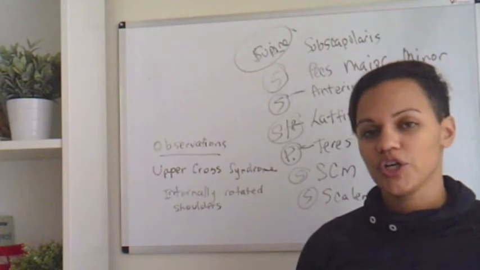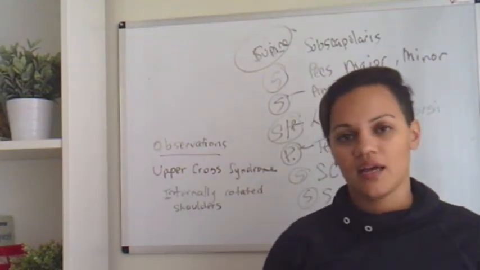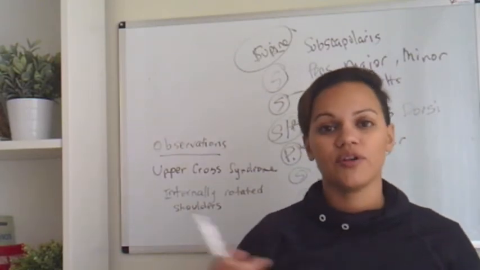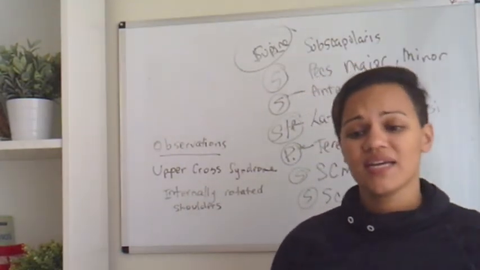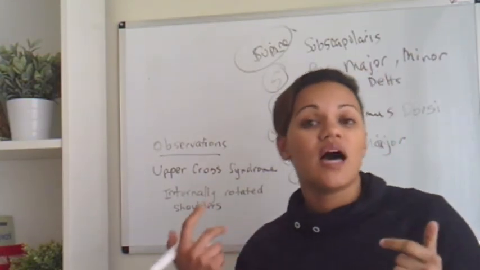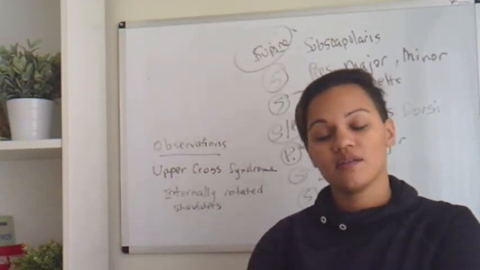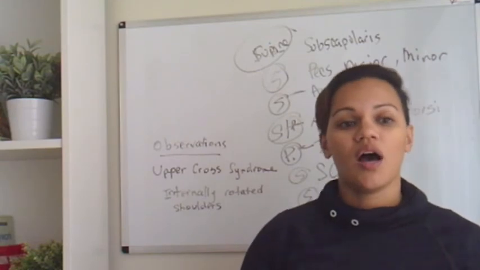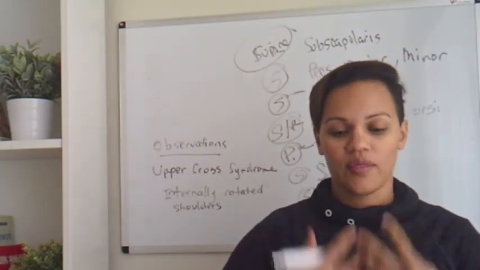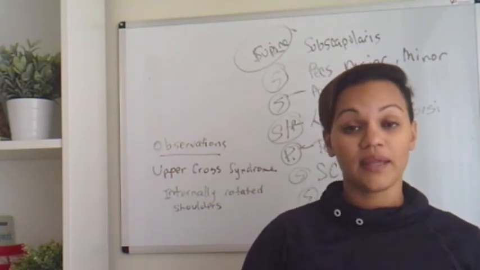So posture and taking into account the person's posture, 9 to 5, what they're doing for work. Also taking into account their posture when they're sleeping. So do they lie side-lying? Do they sleep on one side versus the other? Do they lay on their back, or do they sleep forward on their belly?